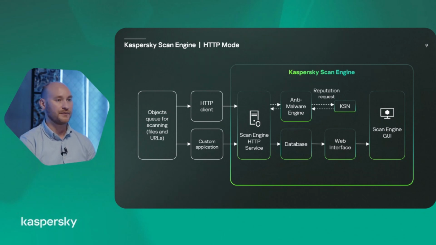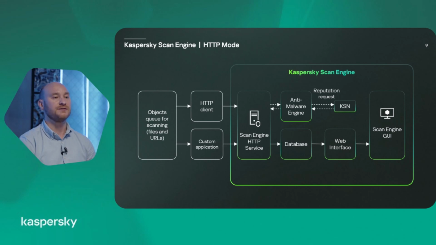The third component is the anti-malware engine. Basically, it is the one which performs all the scanning. So the Scan Engine HTTP service forwards objects to the engine, and the engine answers back with verdicts. Optionally, a reputation request can be enabled towards KSN.